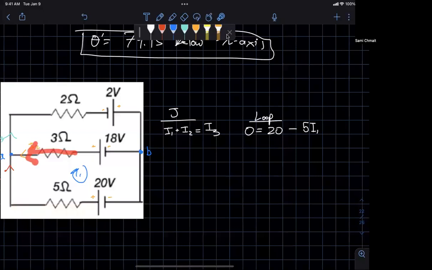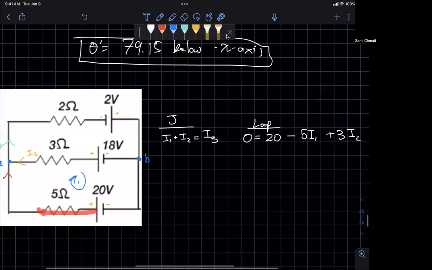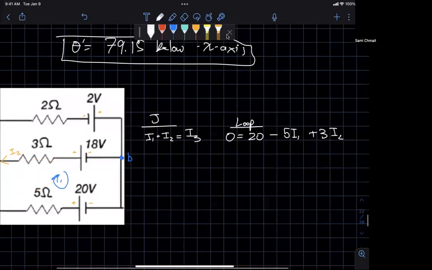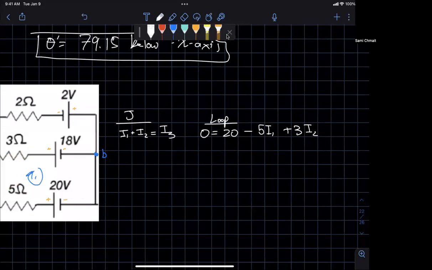Here, our current is pointing this way and our loop is kind of bumping into it with respect to the direction of the arrows. So that's why it's going to be +3 I2. Not like the previous scenario where the current and the loop were going the same direction. Here, the current's going this way and our loop's going this way, so they're pointing in opposite directions, and that's why we put the plus in there, where previously we did the minus.